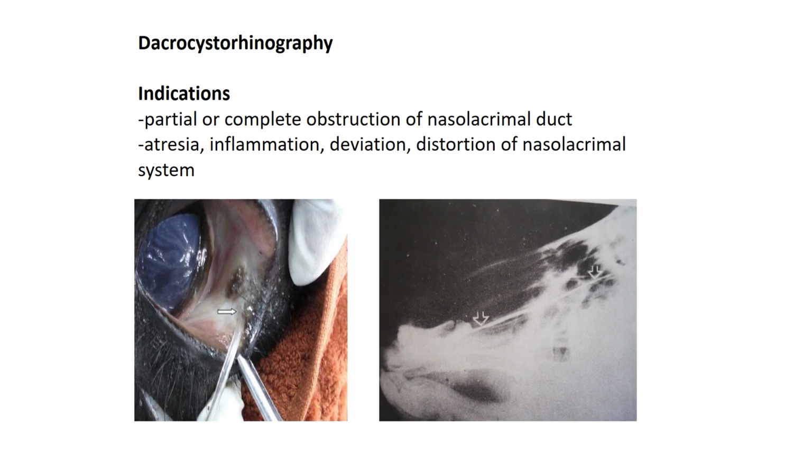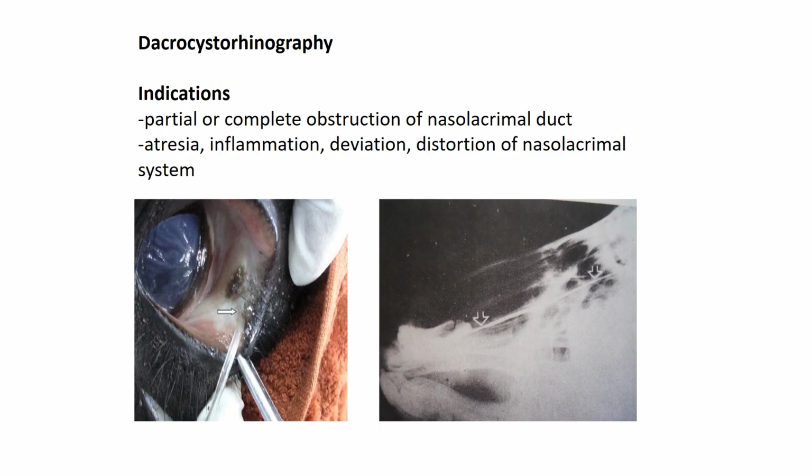Next technique is dacryocystorhinography. This dacryocystorhinography is a contrast technique which we can use to identify the nasolacrimal duct system, or in easy words, this is a contrast radiography of the nasolacrimal duct system.